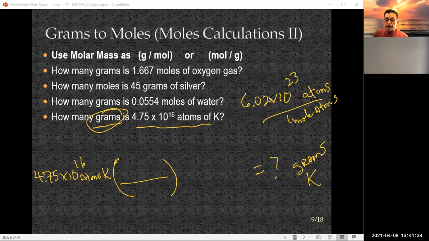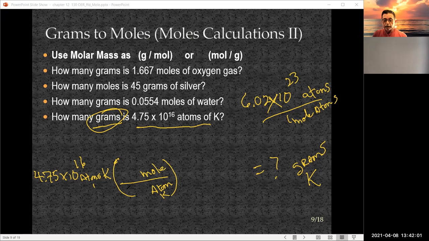Based on the way I set up the problem, I need atoms of potassium in the denominator and moles in the numerator.